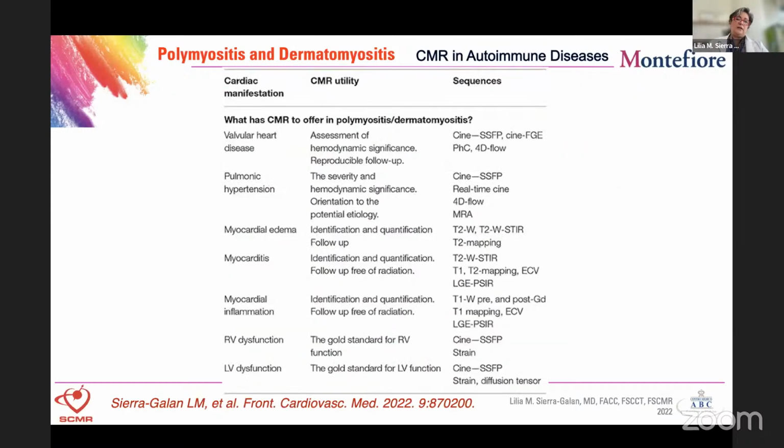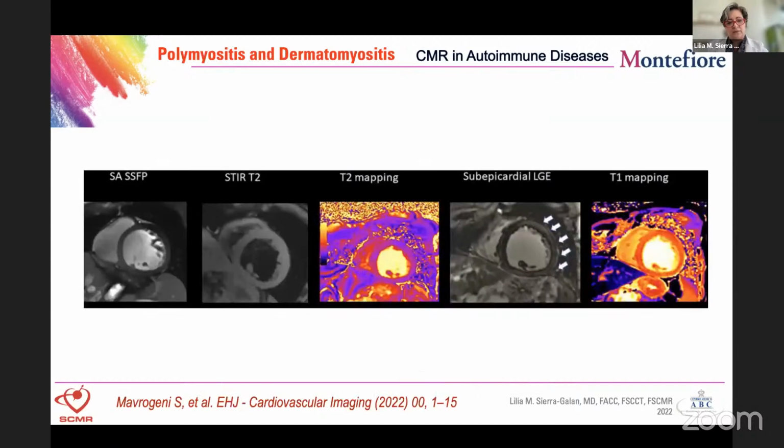What is CMR showing in this case? The valvular disease, the pulmonary hypertension, the myocardial edema, the myocarditis, the myocardial inflammation, the right ventricular dysfunction, and the left ventricular dysfunction. And as it is shown here, it could be probably not that impressive, but the findings are there.